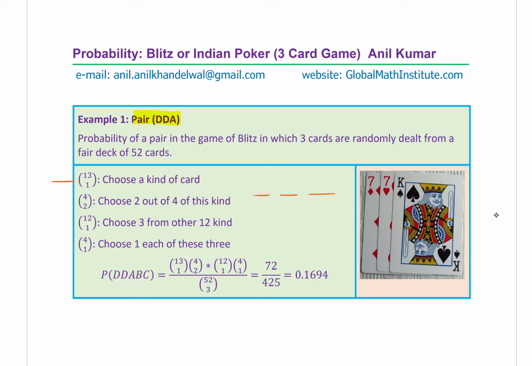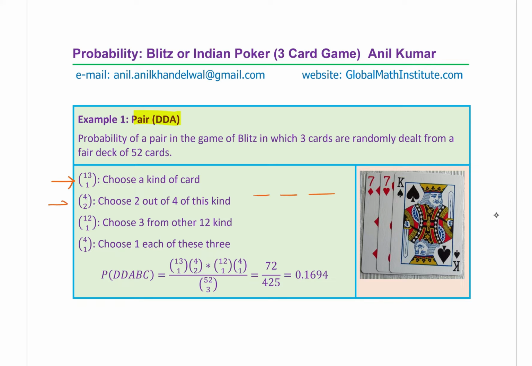So first thing is, you have to select which one. So here, as I've shown, pair of seven, it could be pair of 1, 2, 3, 4, right? 13 of them. So 13 choose 1 is the kind which we are first selecting, and then for every kind, we have four cards each, right, of different suits. So we'll choose suits. It could be any two of those four.